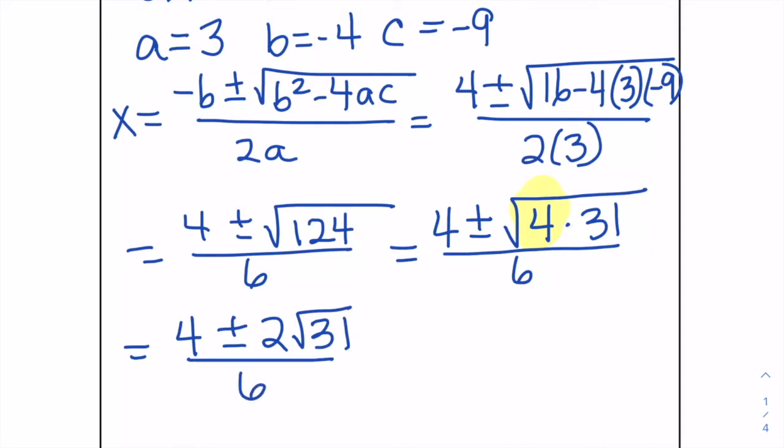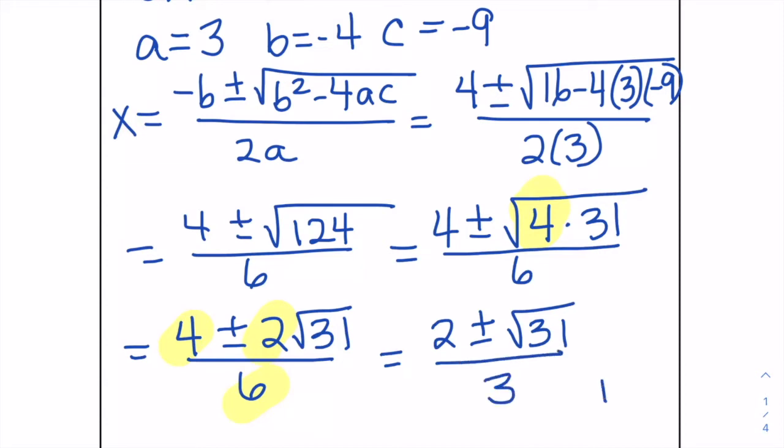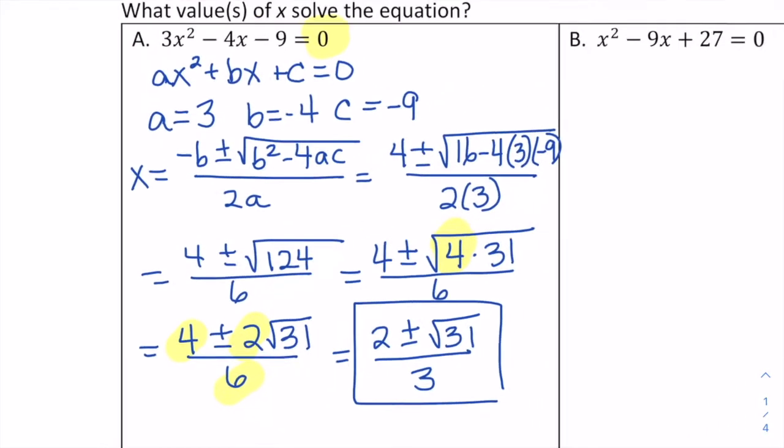And then the last step is looking at all these numbers, and we can tell that 4, 2, and 6 are even, so we can reduce them by 2. Dividing everything by 2, we get 2 plus or minus the square root of 31, over 3. So again, you're going to have two distinct real roots. They are irrational because you have the square root of 31.